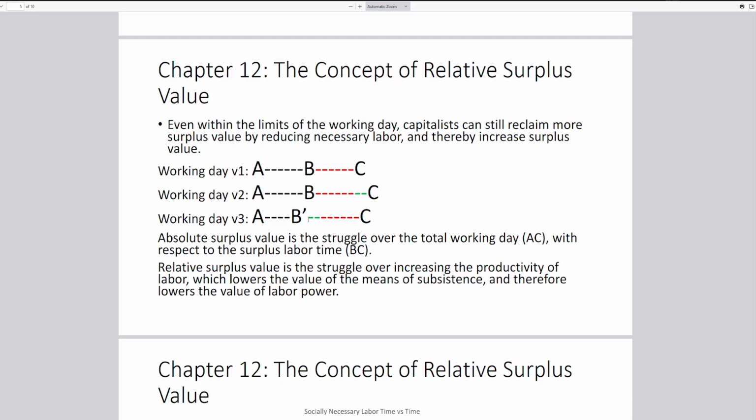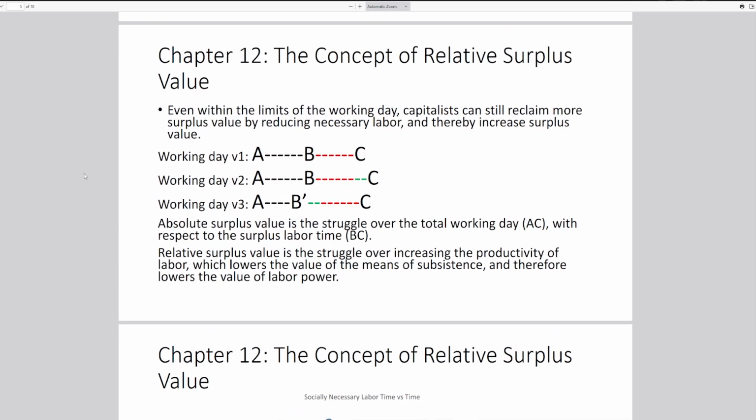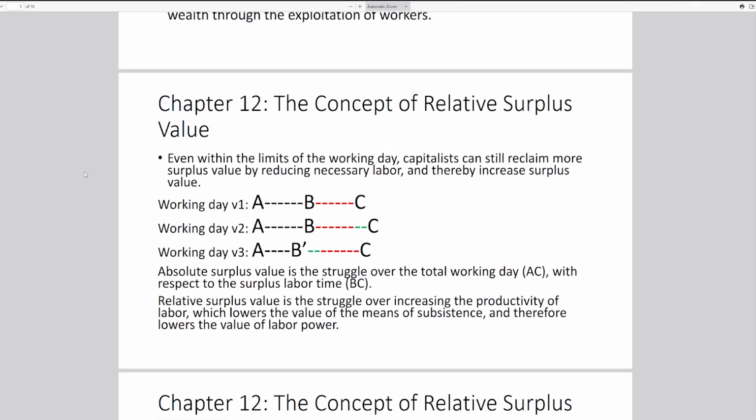It's basically the ratio of, you know, BC over AB or AB over BC or something, as opposed to BC over AC. So it's a slightly different ratio, or it's a different strategy. Basically, let's put it that way.